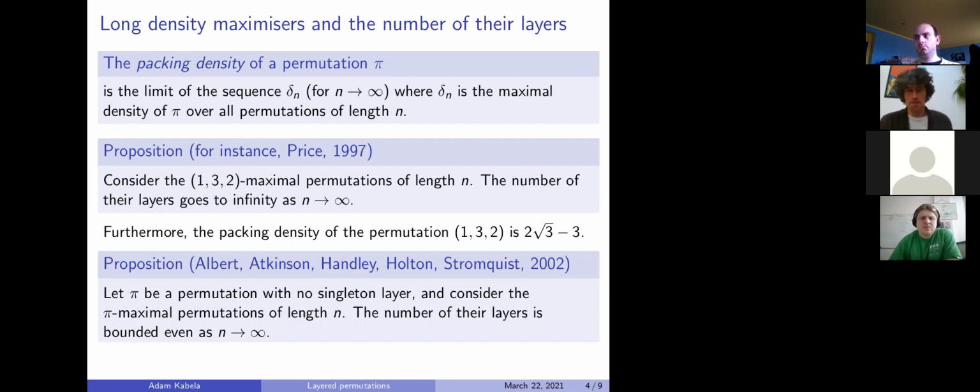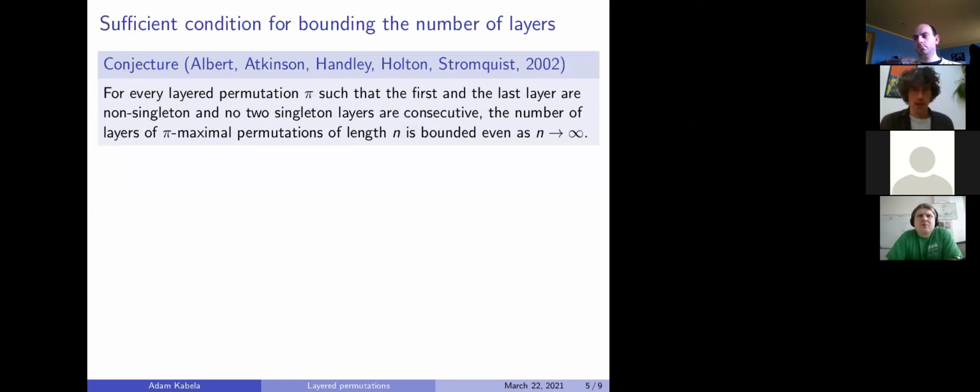So this is a little bit of the background. Now, there's a conjecture. So a natural question in this context would be, well, what are the sufficient conditions for the pattern in order to be able to bound the number of layers in its maximizers?